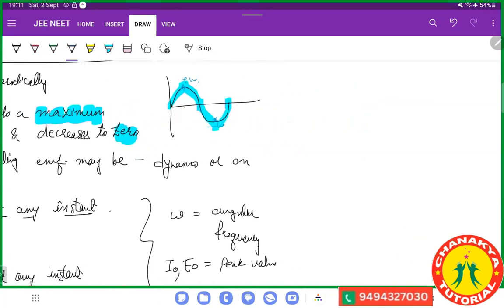Wait, my pen is not working. Yeah. What is sine zero value? Sine zero, cos zero. Tell me these two values. Sine zero is 1 or 0 or infinite?